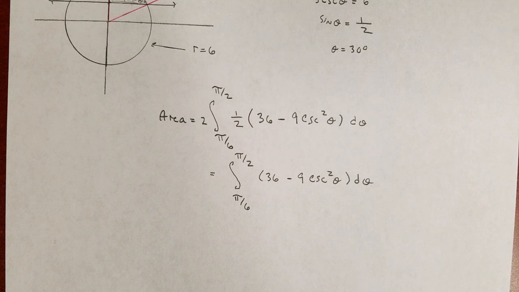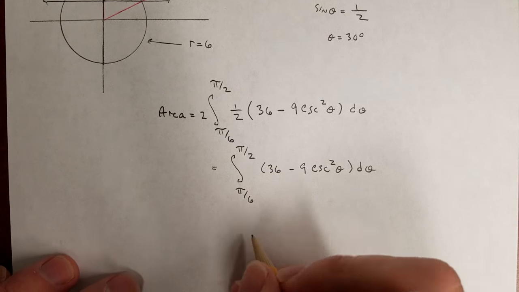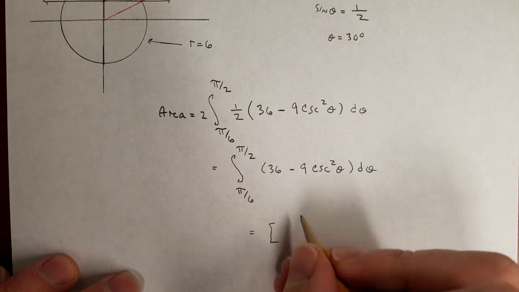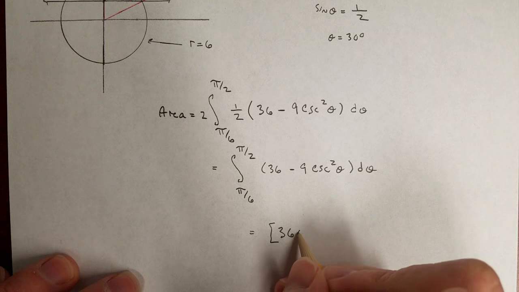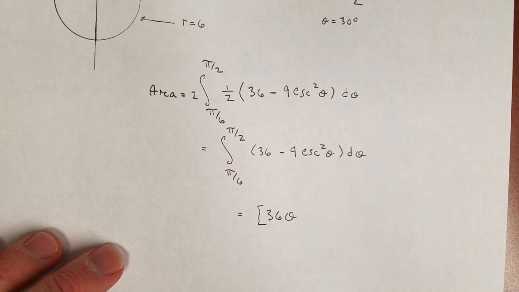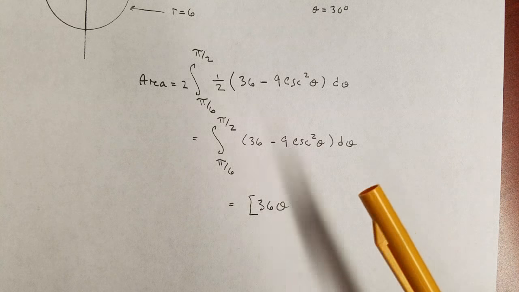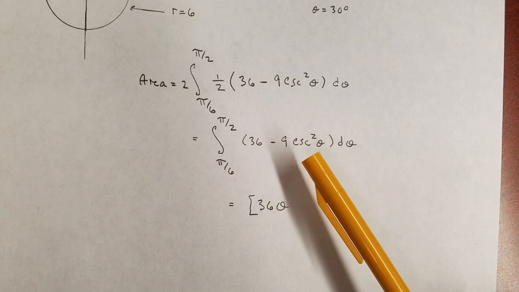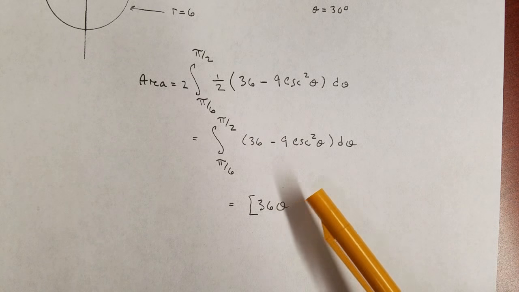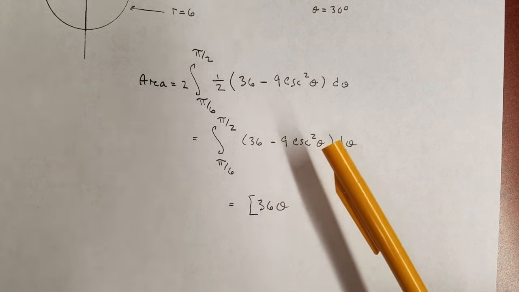Okay? Here's why. If I want the antiderivative, if that's my goal, it should seem familiar that the derivative of something is cosecant squared.